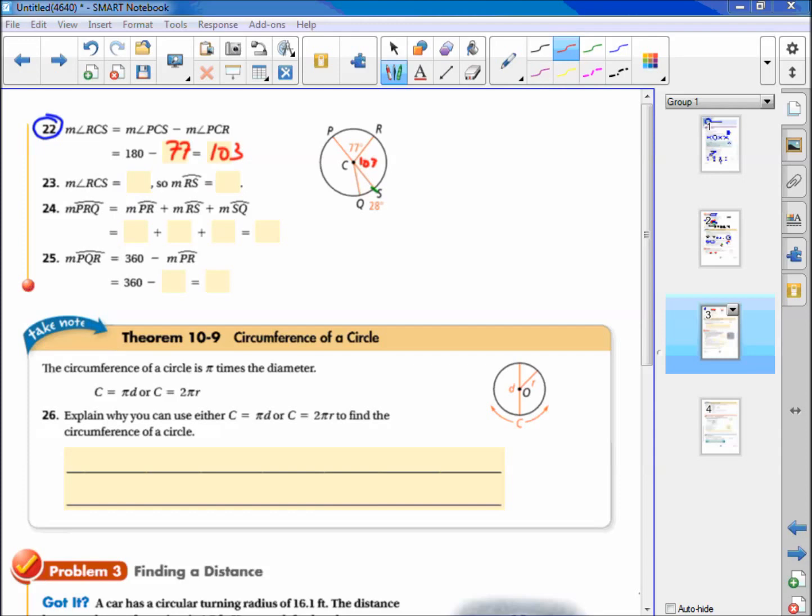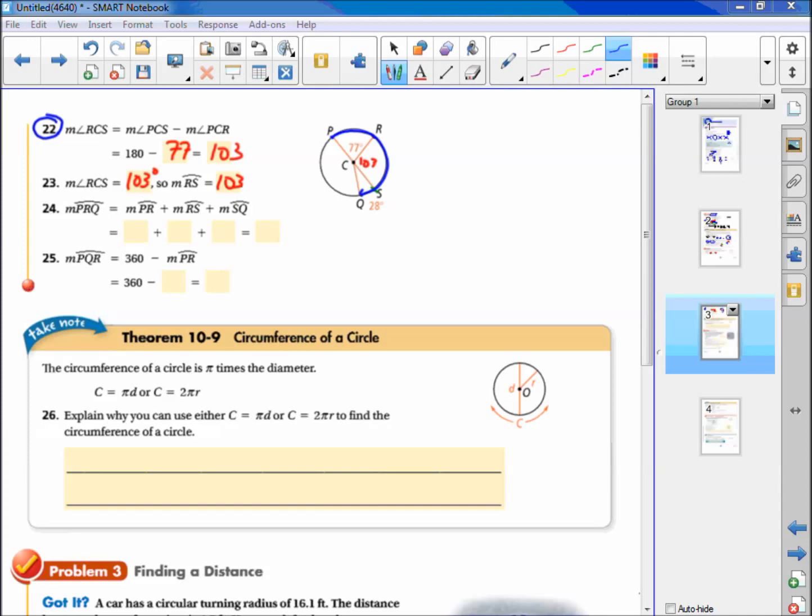All right, so the measure of RCS is equal to 103 degrees. So the measure of the arc RS is going to be 103. Now we want to find the measure of arc PRQ. So PRQ, let's see, there's P, there's R, and then we keep on going around to Q. So PRQ is a major arc.